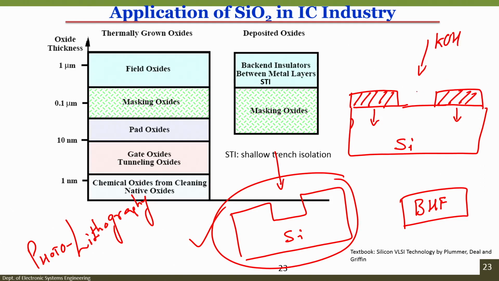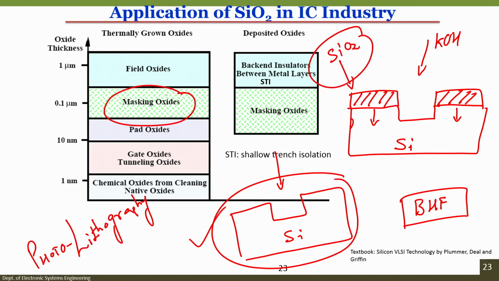The area where the silicon dioxide was not there got etched. That means this silicon dioxide acts as a masking oxide, a mask through which the KOH will not penetrate, a mask for the silicon wafer. Okay. So, that is the role of masking oxide.